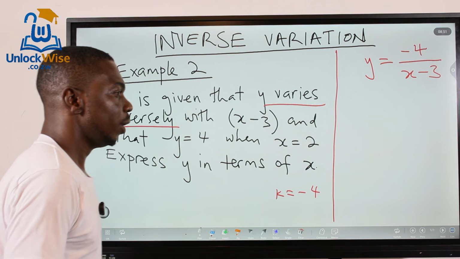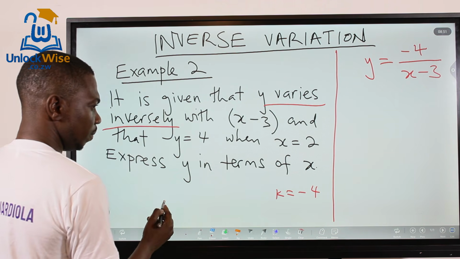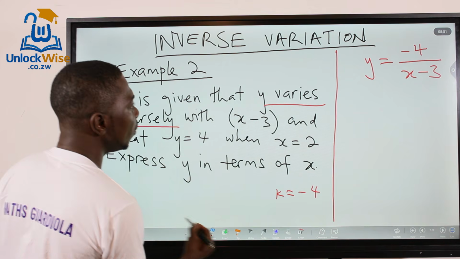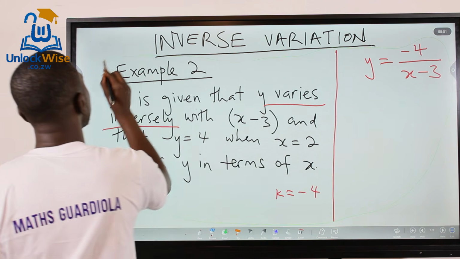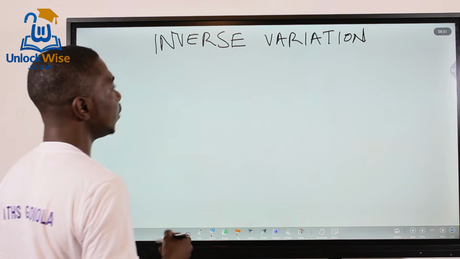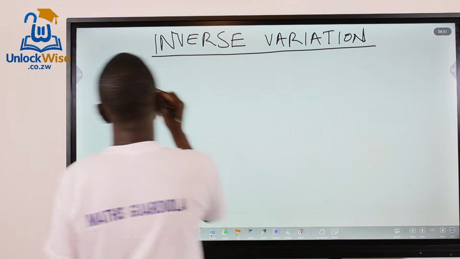Okay, so let's move on to my last example on inverse variation, which is example number 3.